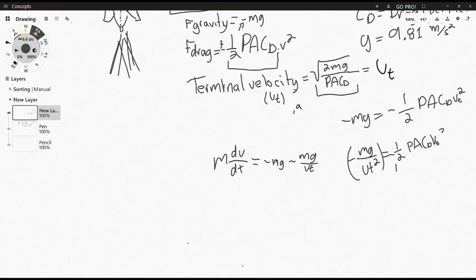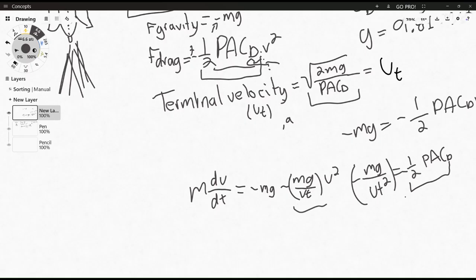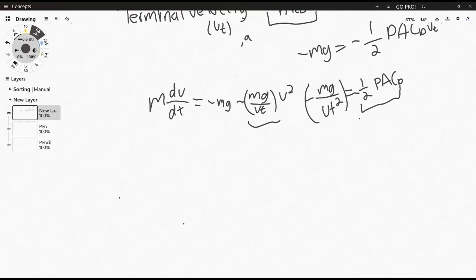Now I have everything, I'm just missing the V squared, right? So times V squared. Why? Because I substituted this whole term by this, to make this simpler.